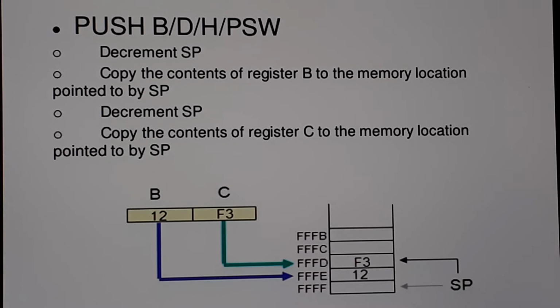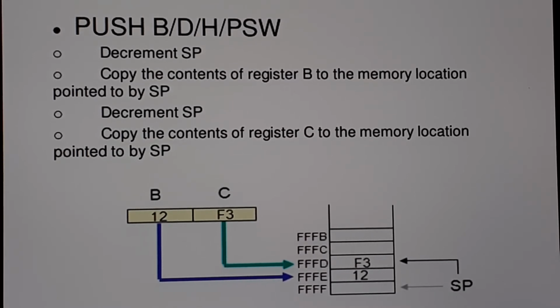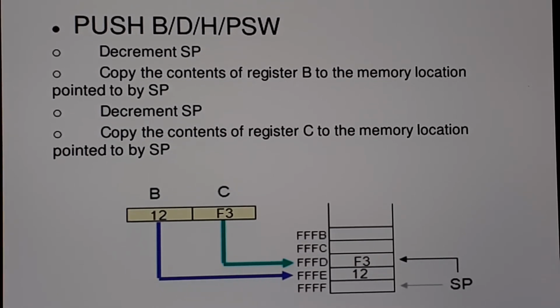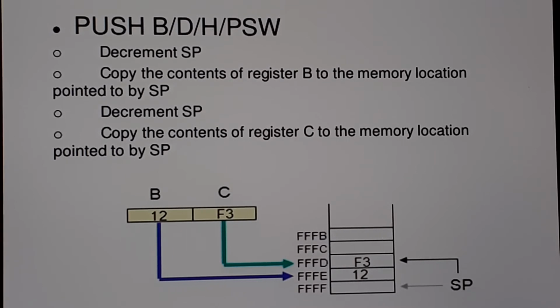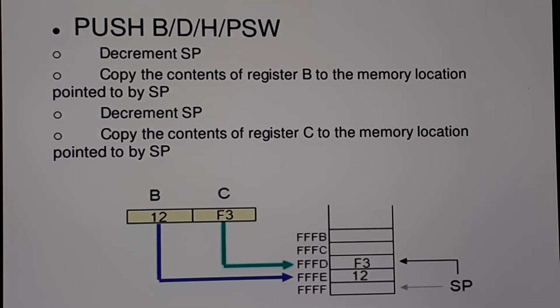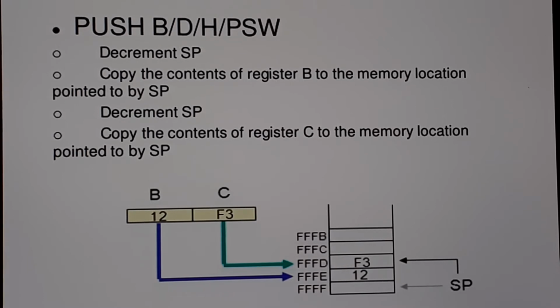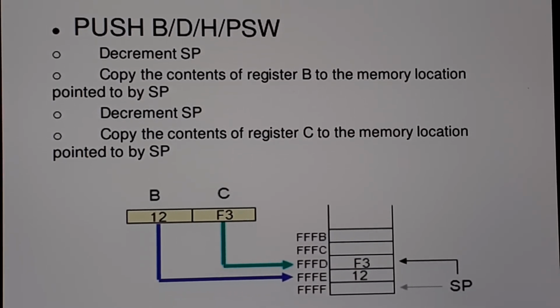One more thing, it is not necessary that you take only the register pair BC. You can take any register pair, which can be DE. So instead of BC, you can take DE or HL. BC, DE, HL are the three register pairs which you can assume, and the stack pointer memory location also you can assume anything.